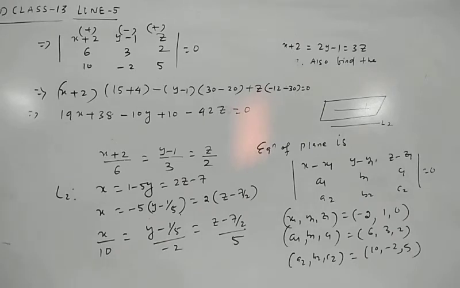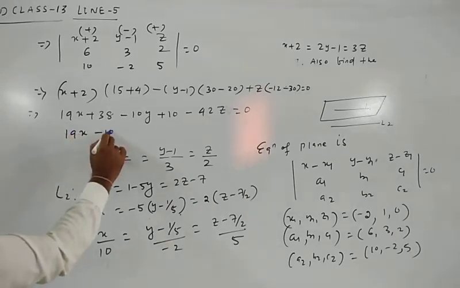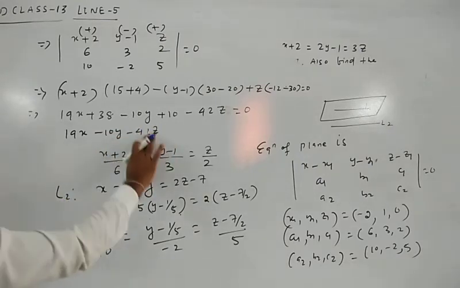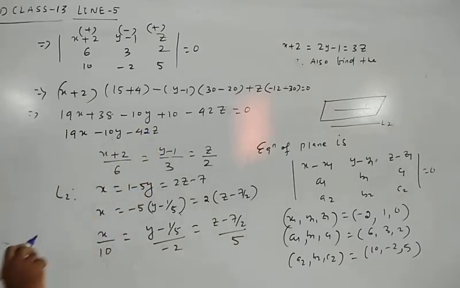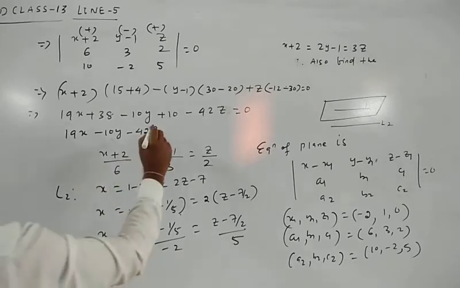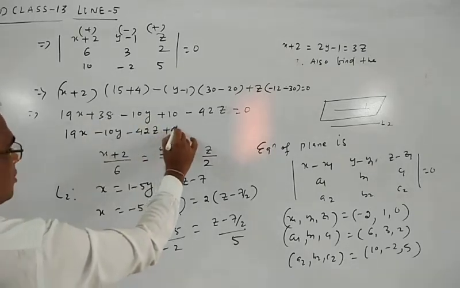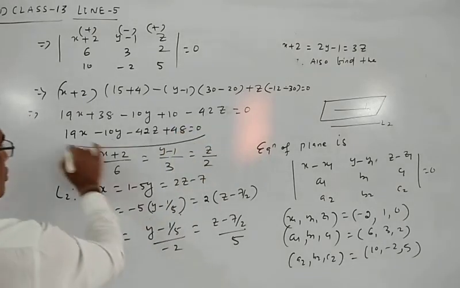So that implies 19x minus 10y minus 42z, 38 plus 10, so plus 48 is equal to 0.